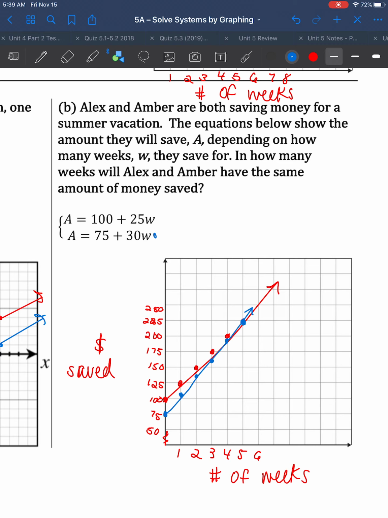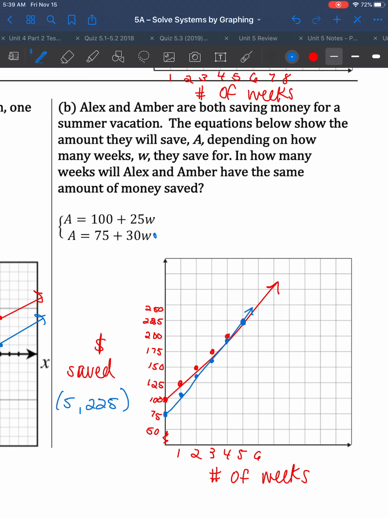Again, super important to have your points very clearly visible. See how even though my line wasn't exactly on those points, because I could see where those red dots are, I knew that even though it looked like they had crossed, they hadn't actually crossed yet because the dots were not in the same spot. Okay, so this would be my answer. There would be one solution, and it would be after 5 weeks, they both saved $225.